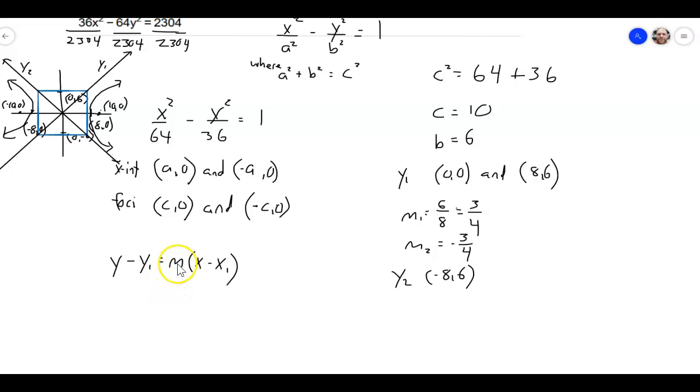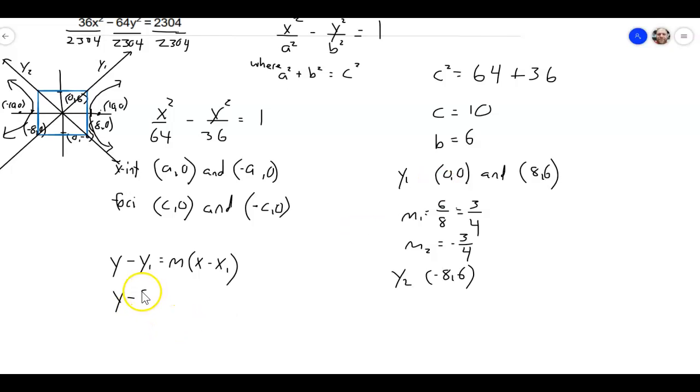This means I need the slope here, and I need a point for x1 and y1. I could use this point over here, or I could use the 0, 0. Let's just use the 0, 0. That'll probably make it a little bit easier.